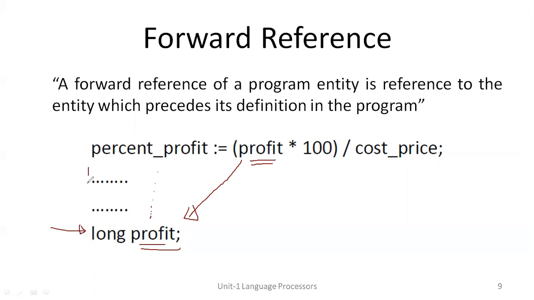So it waits till all these statements get finished and it visits the declaration of profit. So I think you got the meaning of a forward reference. A forward reference of a program entity is a reference to the entity which precedes its definition in the program. Here is the example, as you can see.